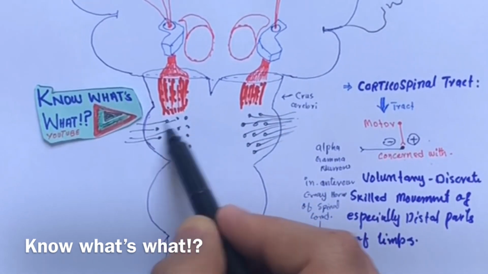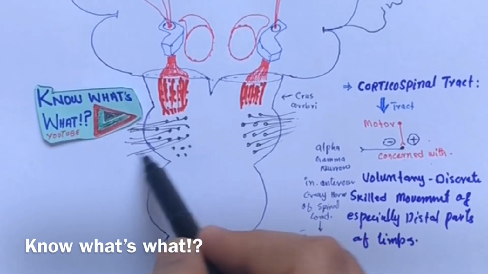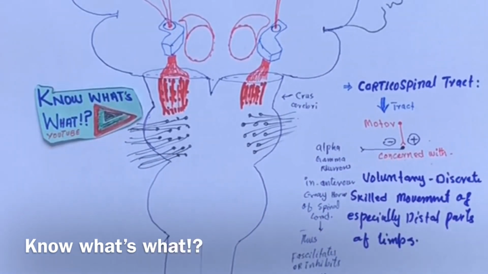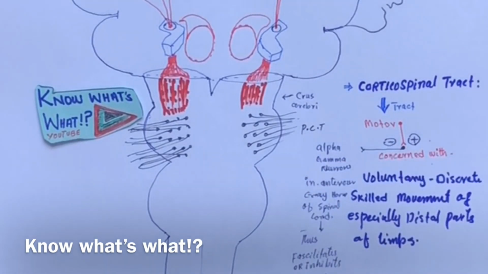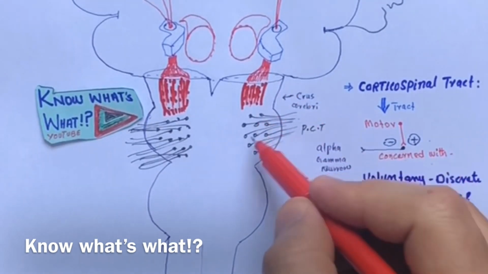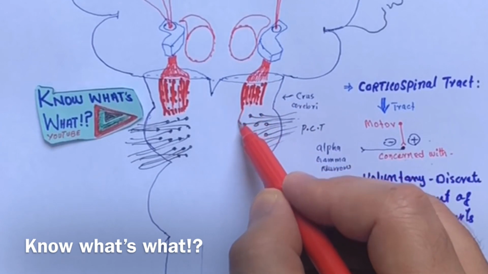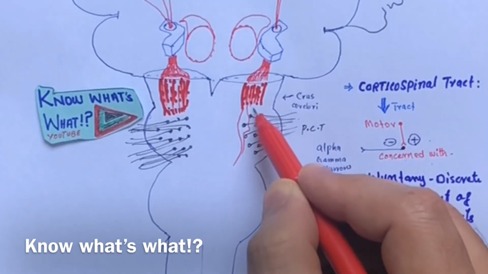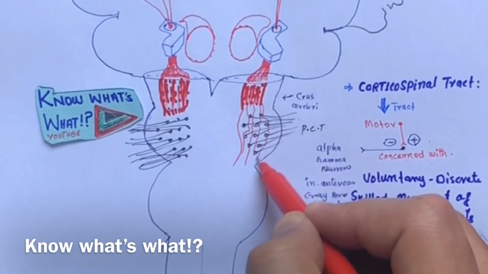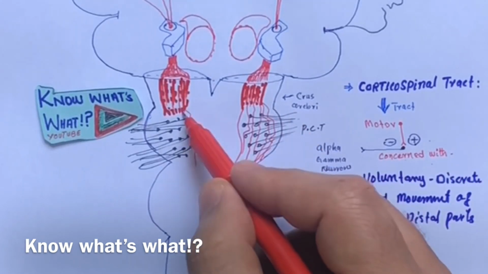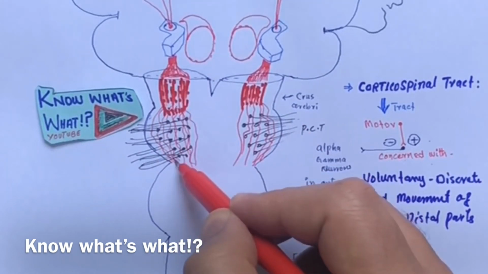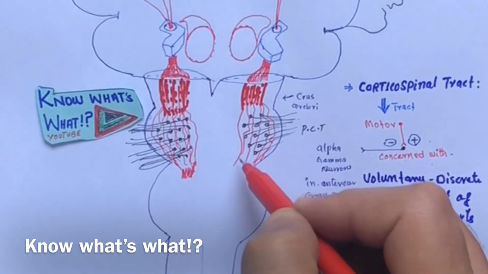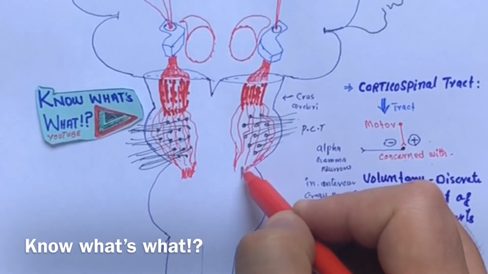Now, when the corticospinal tract reaches the pons, these nuclei and fibers are in their way. So this tract will break down into different fibers and pass through the spaces between these nuclei and fibers. When they reach the medulla oblongata, they will converge together again to make the corticospinal tract or a bundle.